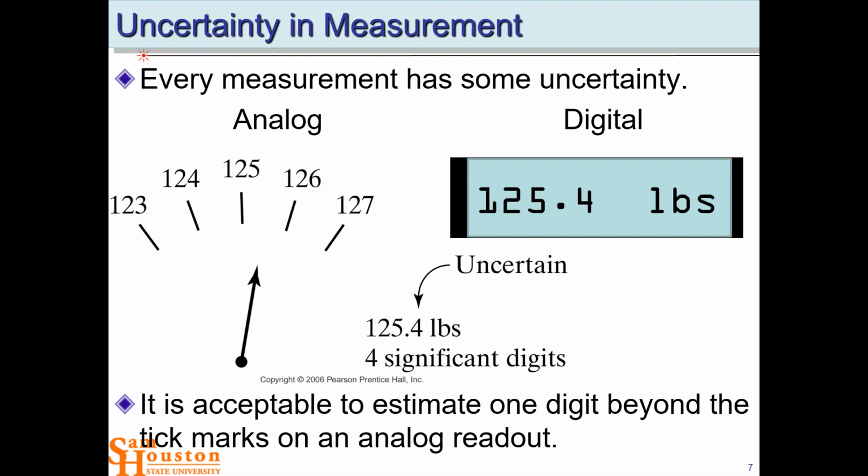So you might write 125.5, or 125.4, or sometimes, because of the calculations, I want to keep a guard digit, I'll write 125.45, but I'm keeping two digits of uncertainty there. Okay, so that can be done. But it's acceptable at a minimum to estimate one digit beyond the tick marks in an analytical readout.